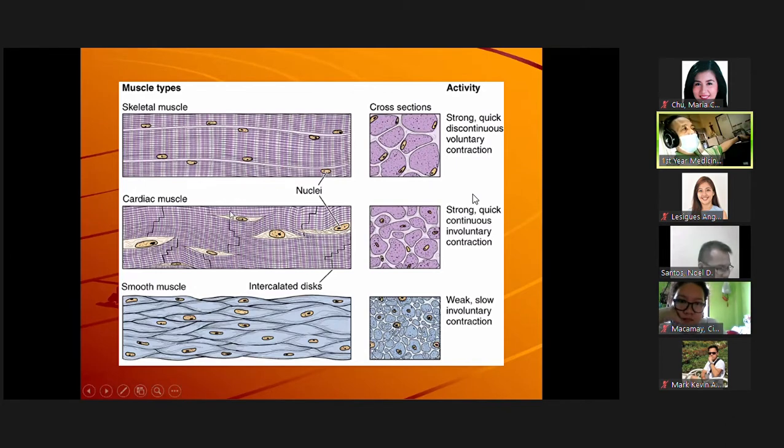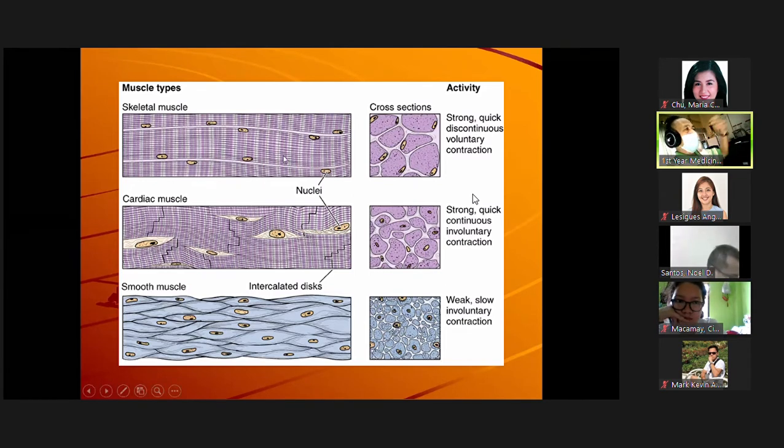Now, these are your points of differentiation: the nuclei, the shape of the muscle. Your skeletal muscle is shaped like what? Fiber. That's why you occasionally say muscle fiber, muscle cells, because it is like a fiber.